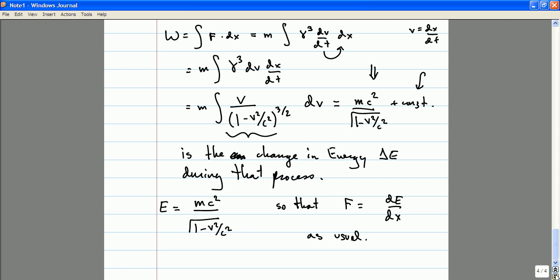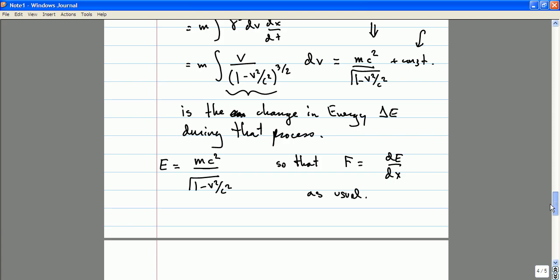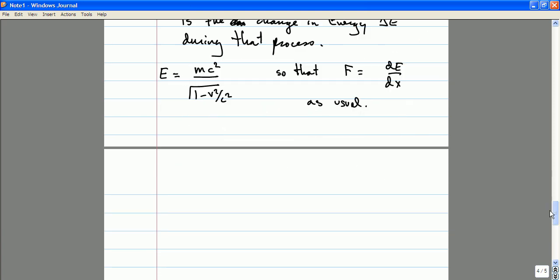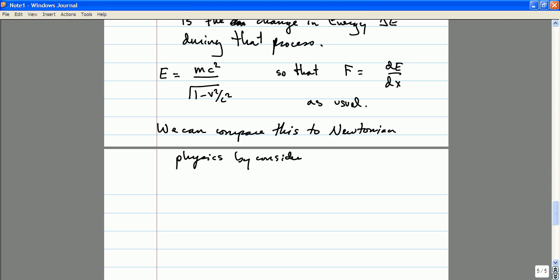But I would just like to make one more point, which is that we can compare this to our Newtonian physics, by considering objects or cases where the velocity is much less than the speed of light.